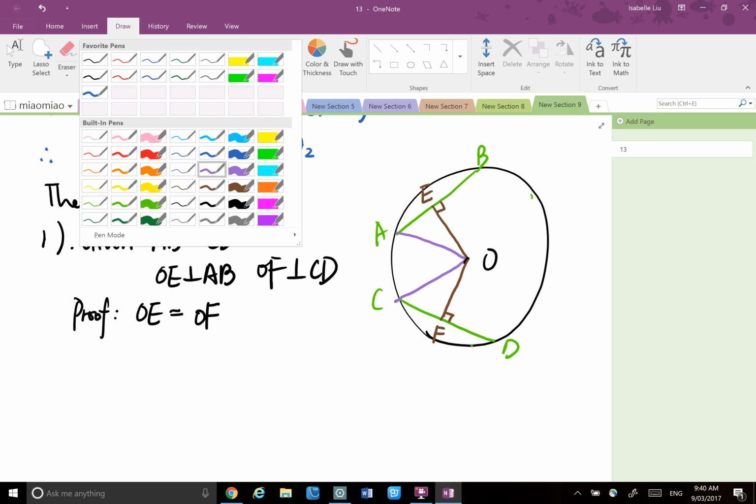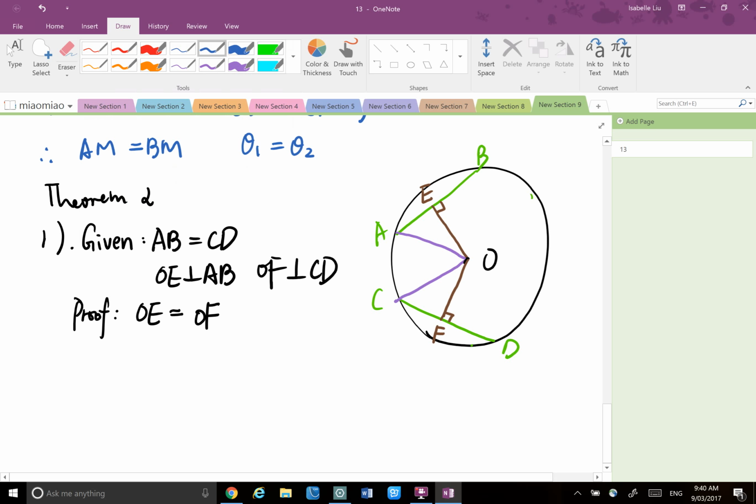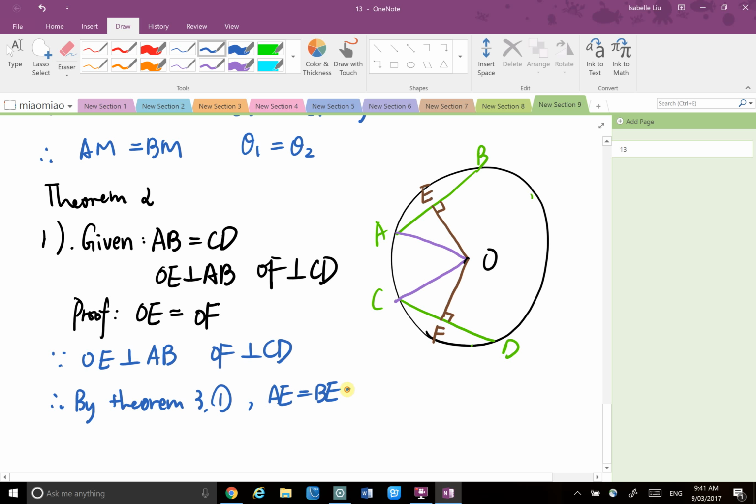Because OE is perpendicular to AB and OF is perpendicular to CD, by theorem number 3, part 1, AE equals BE equals half of AB, and CF equals DF equals half of CD.